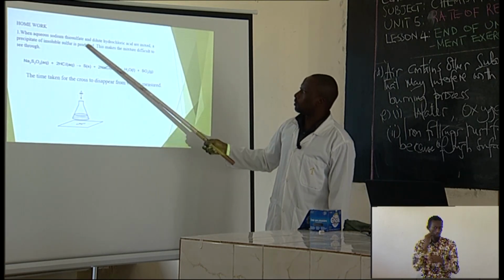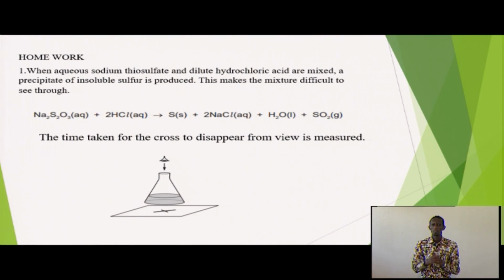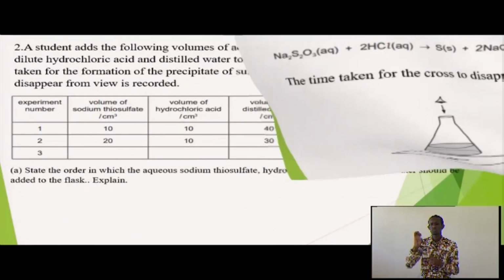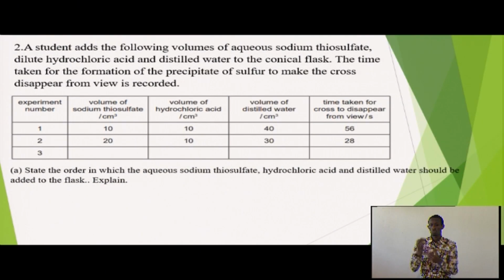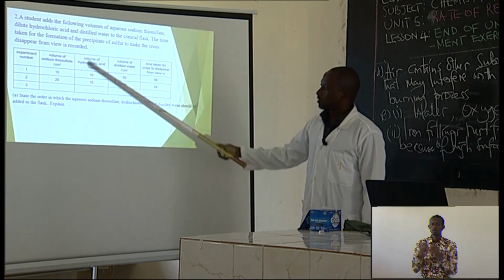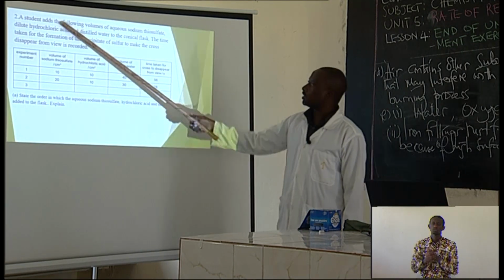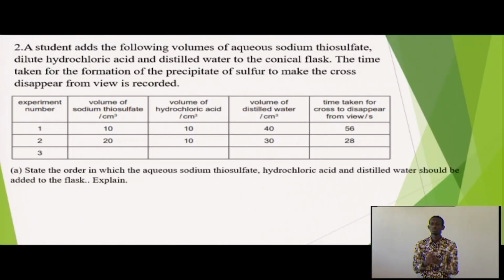Homework. When aqueous sodium thiosulfate and dilute hydrochloric acid are mixed, a precipitate of insoluble sulfur is produced. This makes the mixture difficult to see through. This is the reaction. The time taken for the cross to disappear from view is measured. A student adds the following volumes of aqueous sodium thiosulfate, dilute hydrochloric acid, and distilled water to the conical flask.